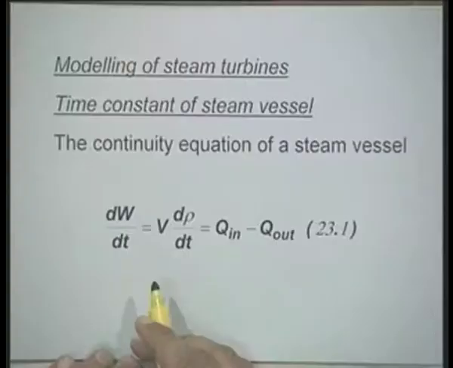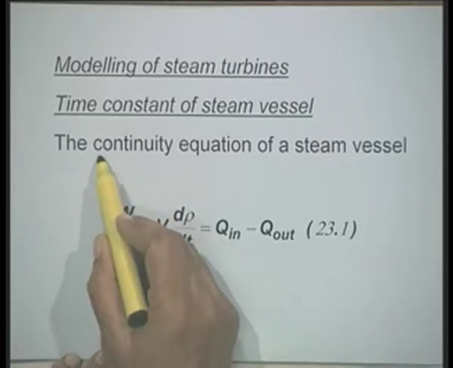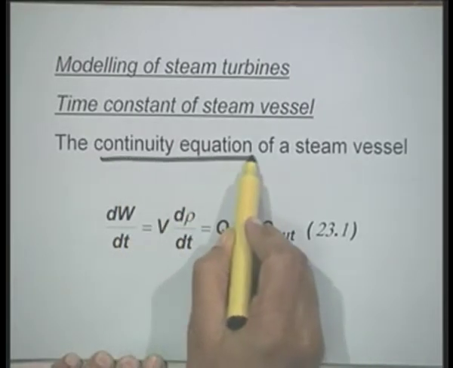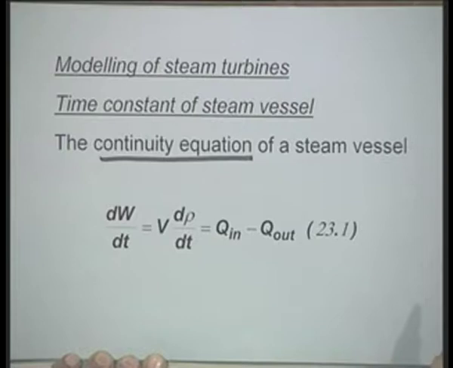Our basic objective is to develop a transfer function model relating the Qout, that is the steam coming out, to the steam coming into the vessel. Here we make use of a basic equation which is called the continuity equation.